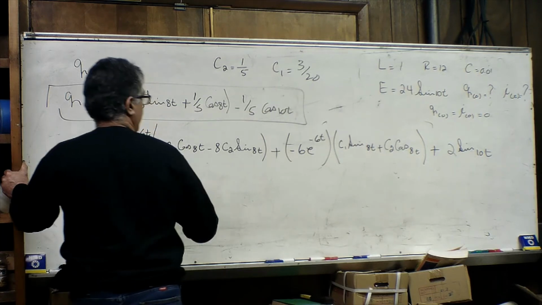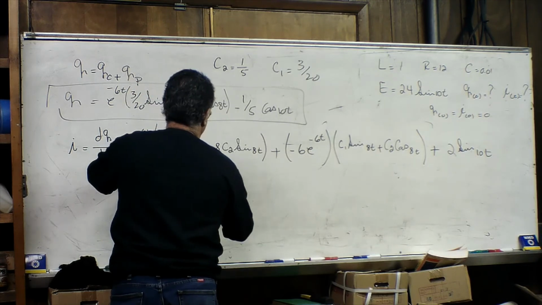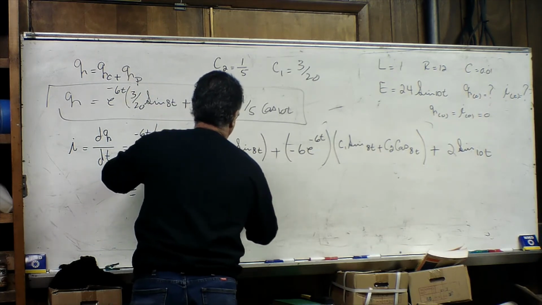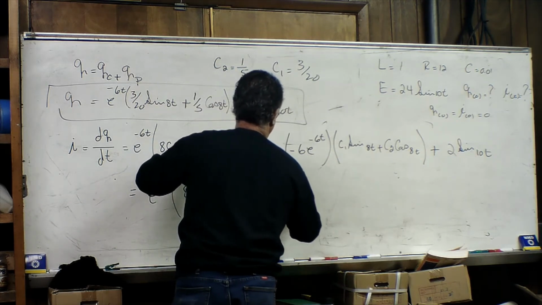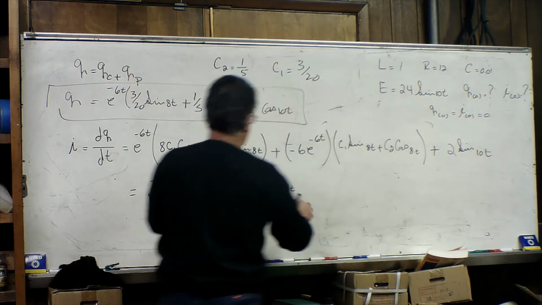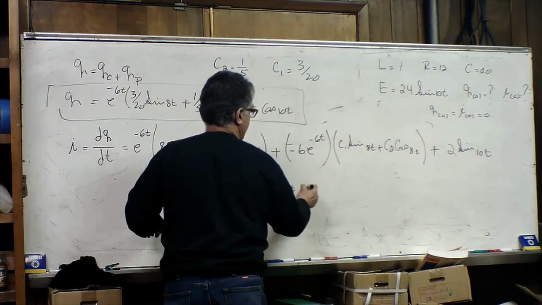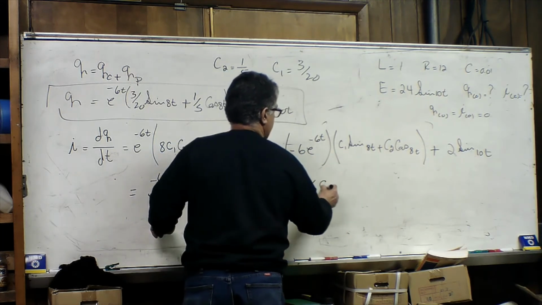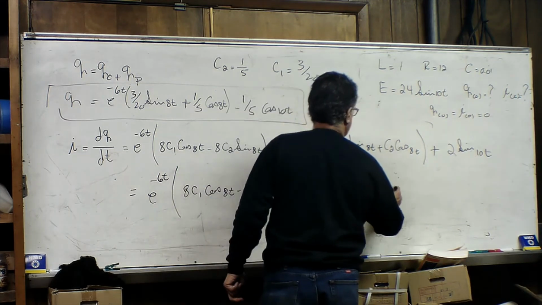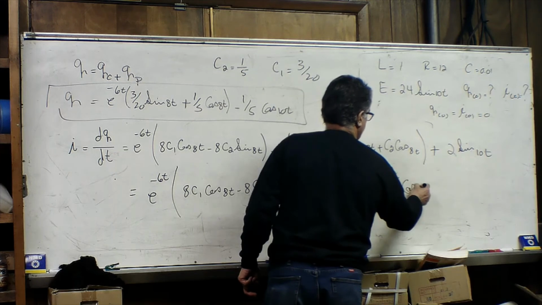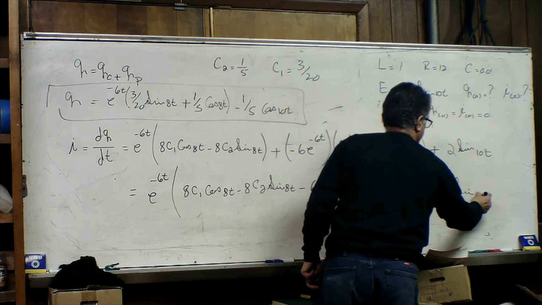So here we are going to have 8c1 cosine of 8t minus 8c2 sine of 8t plus minus 6, multiply that inside there, so minus 6 c1 sine of 8t minus 6 c2 cosine of 8t plus 2 sine of 10t.